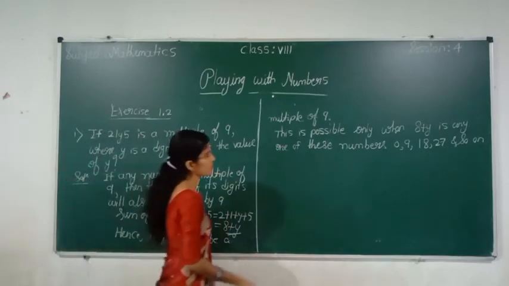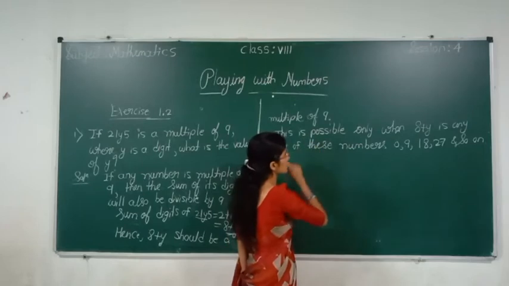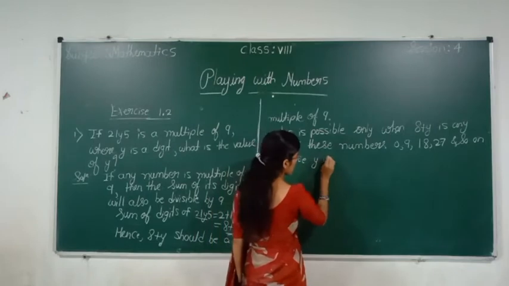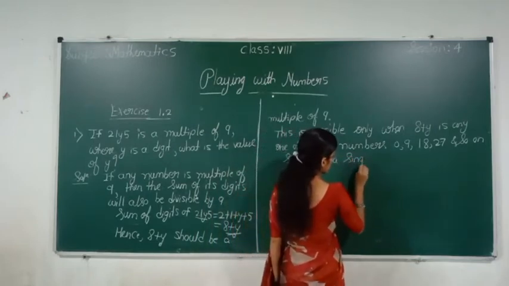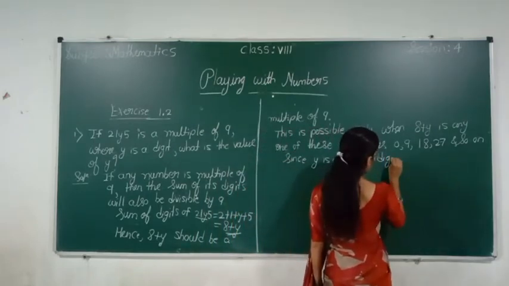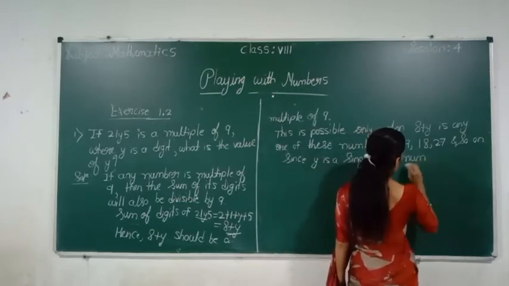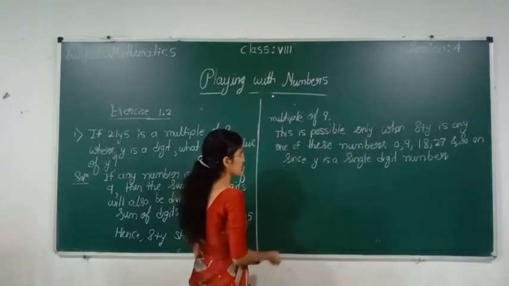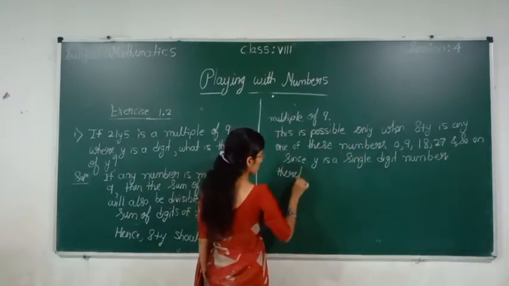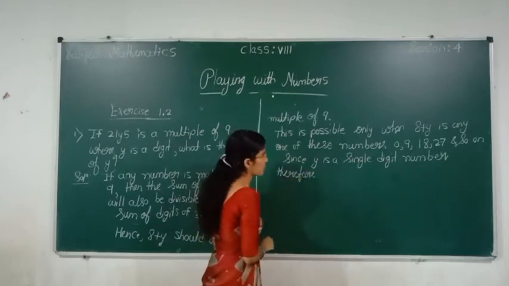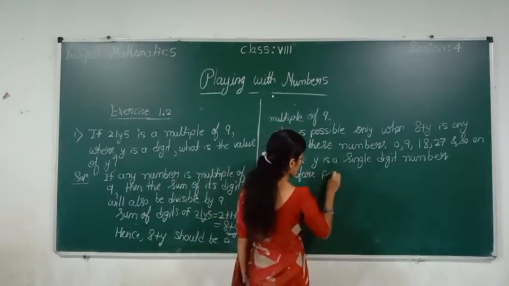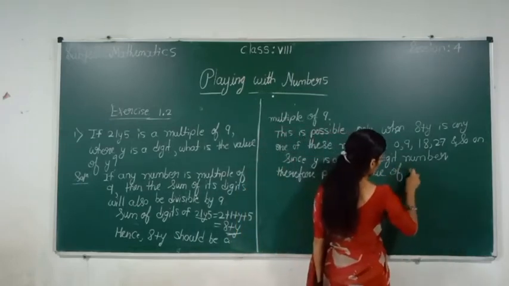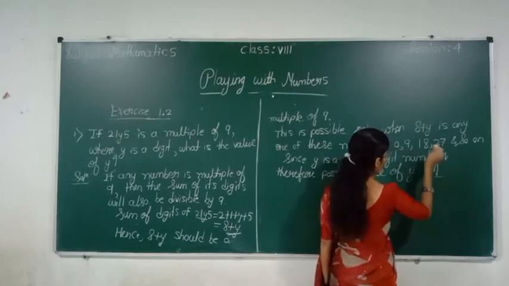Since y is a single digit number, therefore possible value of y is 1. 8 plus 1 is 9.